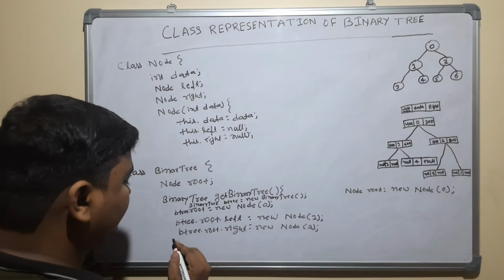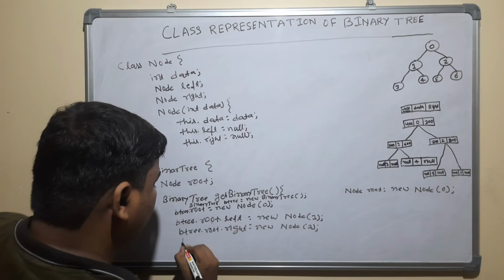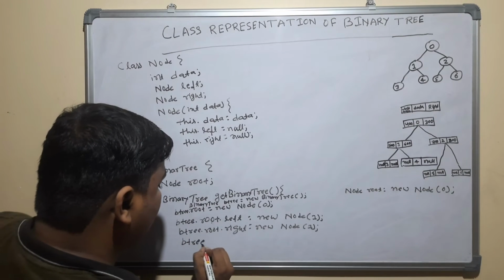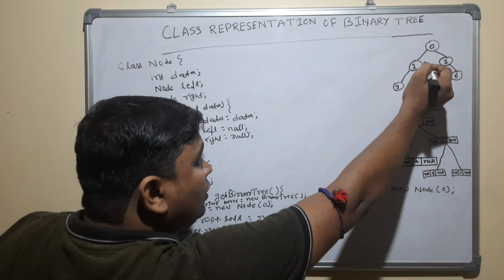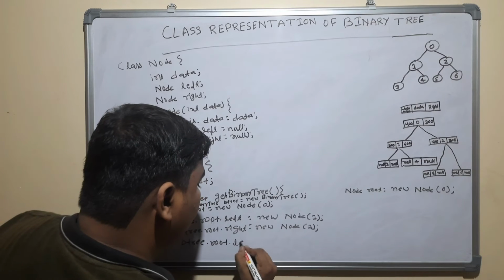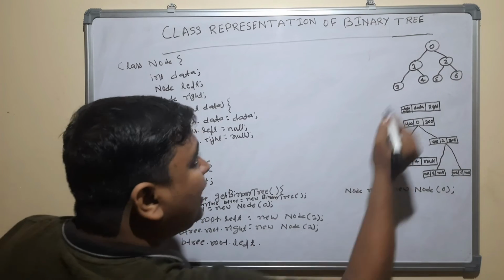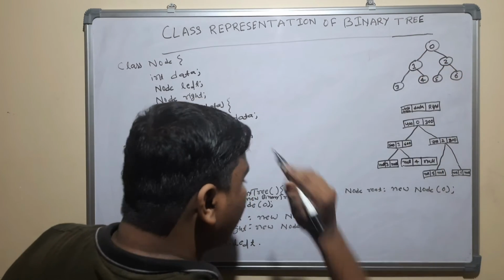So binary tree dot root dot left dot left, and binary tree dot root dot left dot right.